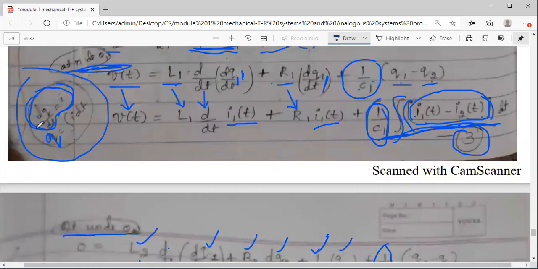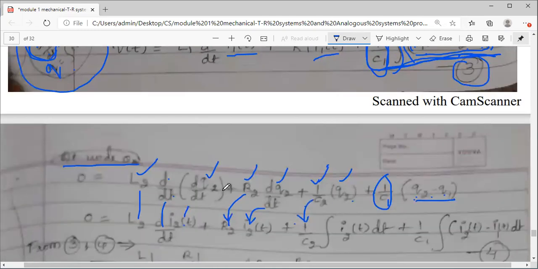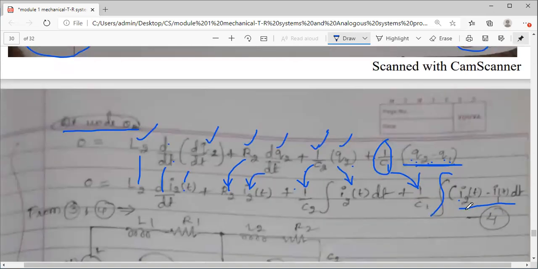Charge can be written as integration of I dt. So Q2 becomes integration of I2, plus 1 by C1 as it is. There is a difference, so let that difference be the same. Instead of charge, integration of I, that is I2 minus I1. Don't expand the bracket, keep it as it is. Let this equation be denoted as equation number 4. So equations 3 and 4 are our equations to draw the circuit.